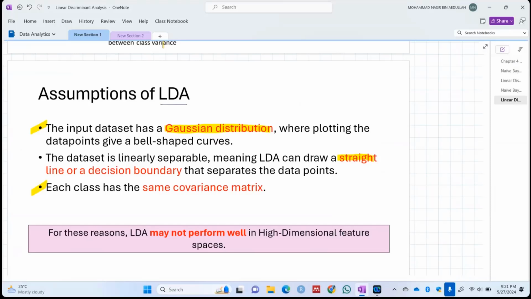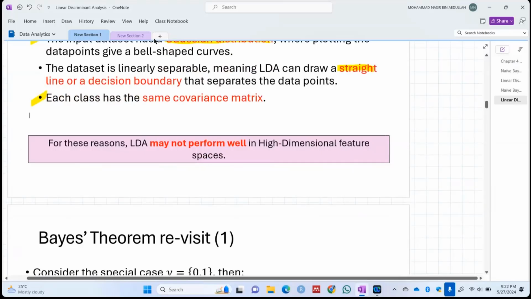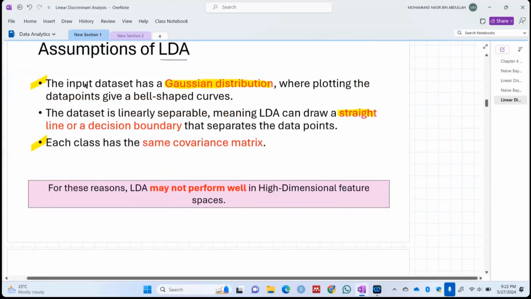So that's why linear discriminant analysis might not perform well on high dimensional data. Right? High dimensional data means what? You have a very large number of independent variables, right? Such as genetic variables or image data sets. Right? So these are the two major assumptions.